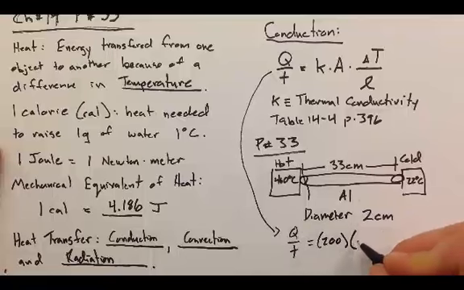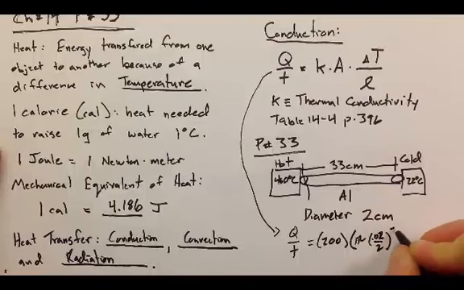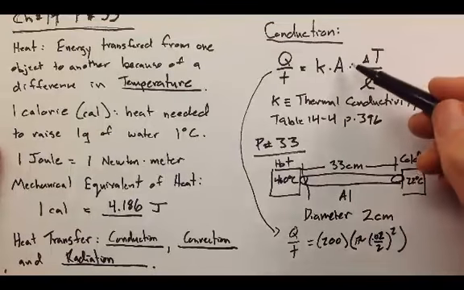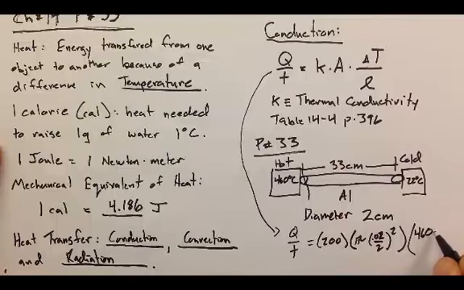Well, if this has a diameter of 2 centimeters, that would be a radius of 0.01 meters. Let's do 0.02 divided by 2 squared. That would be the area. Our temperature difference would be 460 minus 22, and the length here would be 0.33.